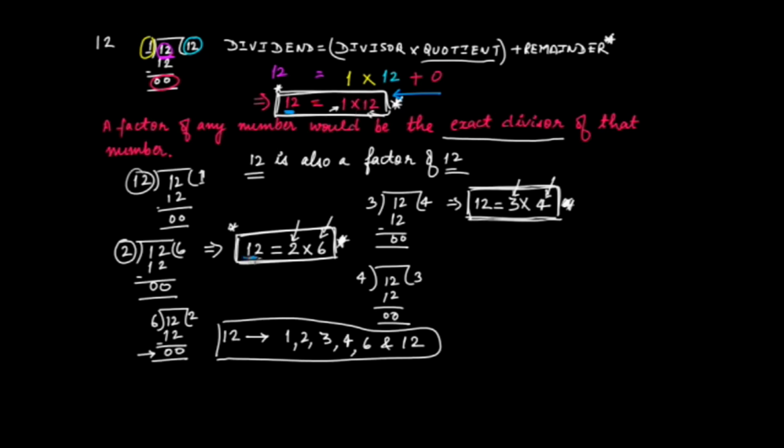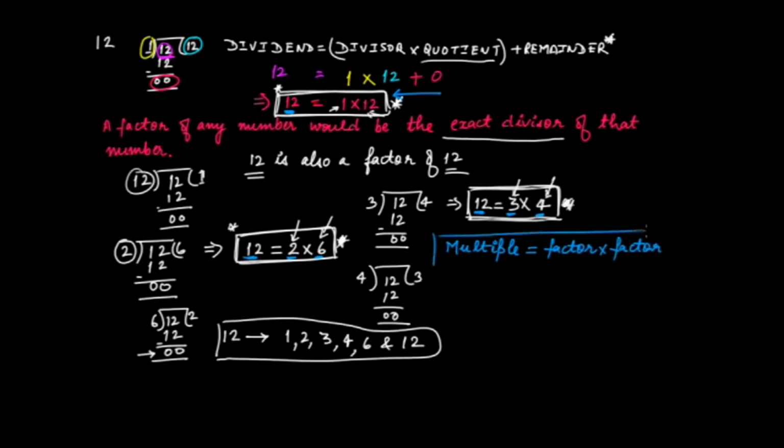This number 12 is a multiple of 2 and 6. This 12 is a multiple of 3 and 4. That means that a multiple would be like factor multiplied by factor.